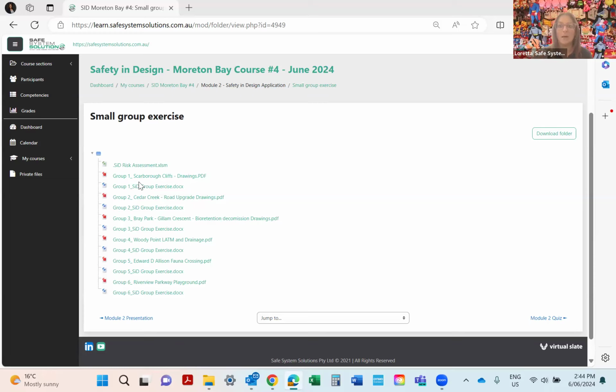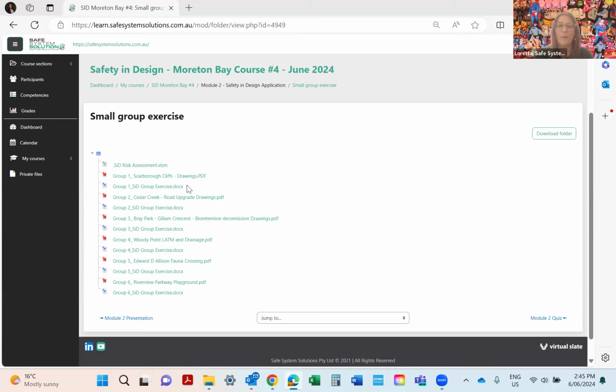So if you're in room 1, you need to do the exercise for group 1. If you're in room 2, then it's group 2, and so on. We will also have to download the risk assessment, so ensure you click on here and have that ready. Then whatever group you're allocated, you click on those according to your group.